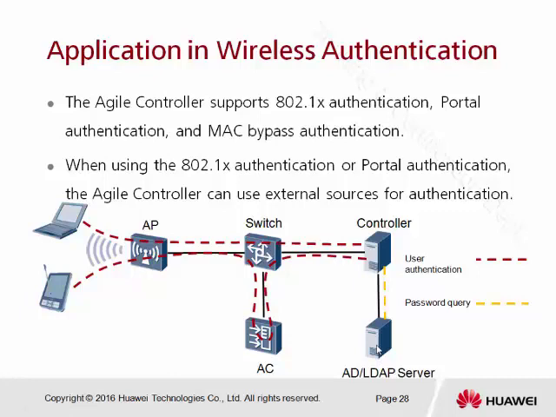When I choose the tunnel forwarding mode, all the user data has to be sent back to the AC first using a CAPWAP tunnel. Then the AC will redirect to the Agile controller. And lastly, the Agile controller will forward this authentication request to the AD server. So this is the process for the authentication.